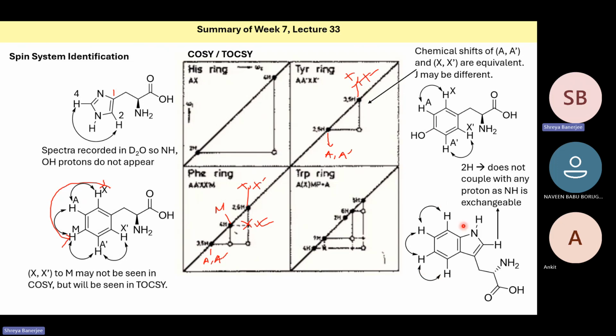Then you have tryptophan. In tryptophan, this NH is again exchangeable, so it will not be seen. In this six-membered aromatic ring, you have four kinds of protons and one proton in the five-membered ring. So in total you have five different kinds of protons, and you can see five peaks in the diagonal.